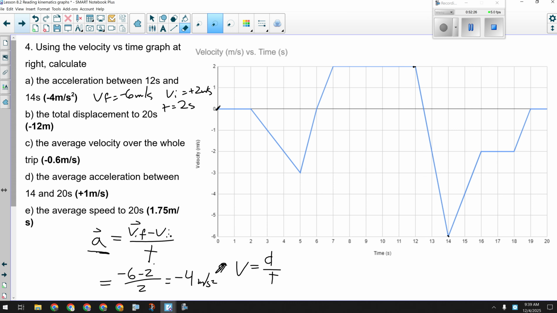What's its velocity? 0. So for the first 2 seconds, the object is not moving. That means it doesn't have any displacement in the first 2 seconds. Would you agree? And there's no shape there, right? It's on the x-axis. There's no area between the line and the x-axis for that part.